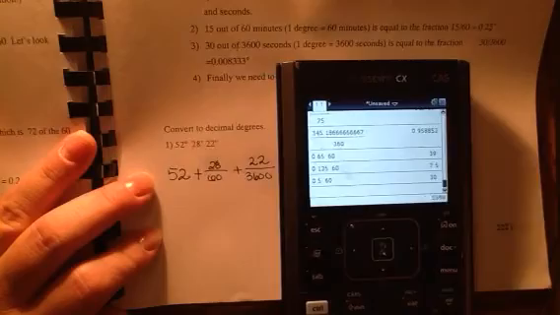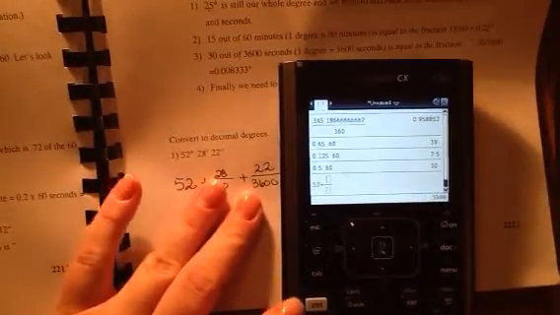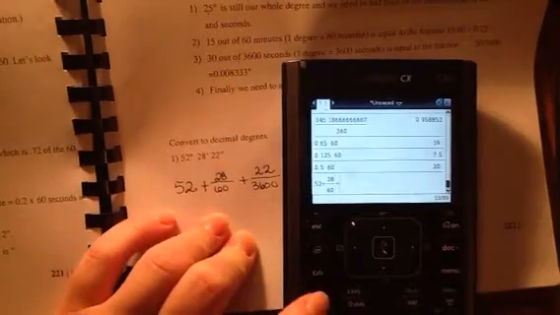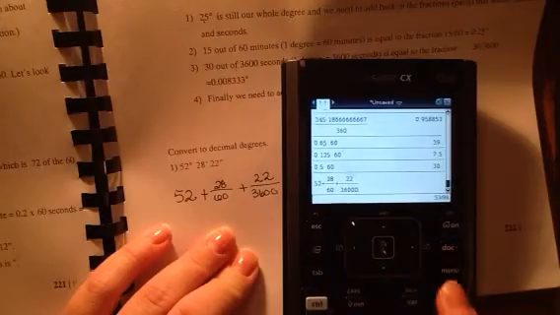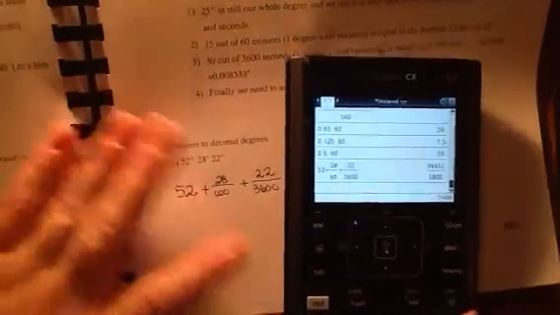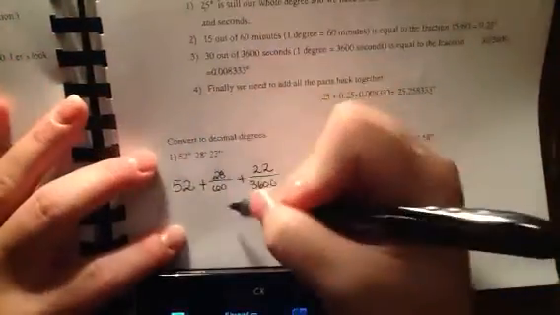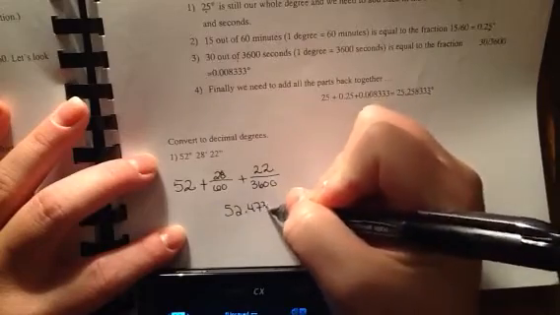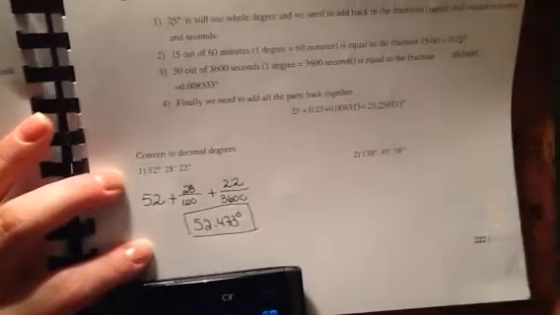So you're going to type 52 plus fraction 28 over 60 plus fraction 22 over 3,600, too many zeros, enter. And it's going to give you a fraction. Make sure you get the decimal approximation. So this is equal to 52.473 degrees. Remember, we always round to 3 decimal places unless told otherwise.